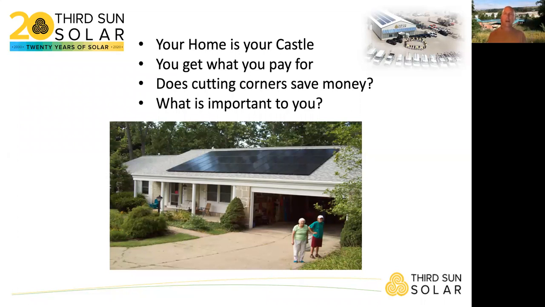Oftentimes clients that want to hit a certain percentage of energy of their house, if they don't have a very large roof, might need to use a more energy dense module like the Alpha. Or if they are the kind of people that have a Mercedes in the driveway and a Tesla on the wall in their basement and they want the very best, they're going to pay a small premium for higher quality, even more durable than what we believe is a very high quality, durable value, middle of the road option. So every customer is different.